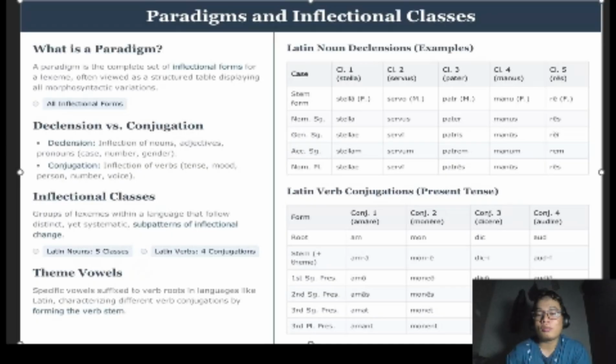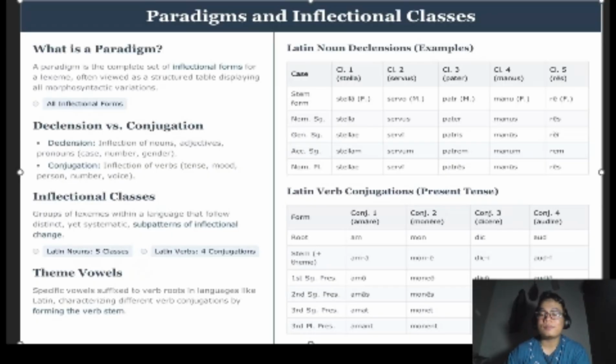And the same happens with verbs. Latin has four conjugations, each defined by a theme vowel: a, e, i, and i. I think it's a letter A with a stripe on top, E with a stripe on top, then I in between two stripes, and then I with a stripe on top. I don't know how to spell it correctly, so please forgive me if I spell it wrong.